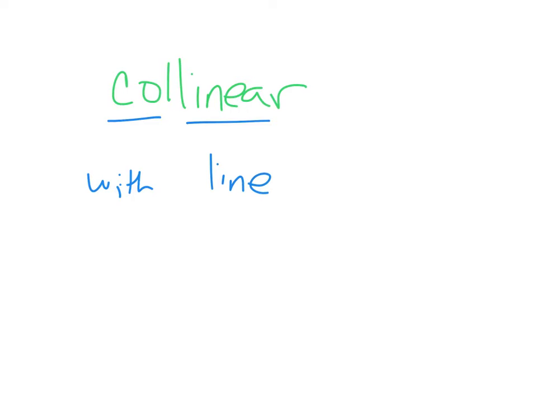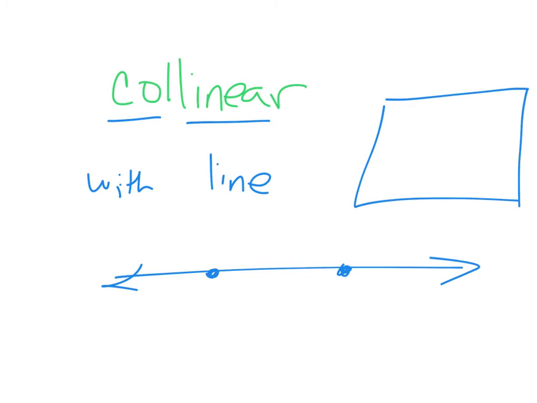So when you see collinear, it's talking about points that are on the same line. Coplanar is the same thing, you're just on a plane instead. So I have a point here and a point here. Coplanar means they're both on the same plane. All right, there's definitions. Let's go look at the example.